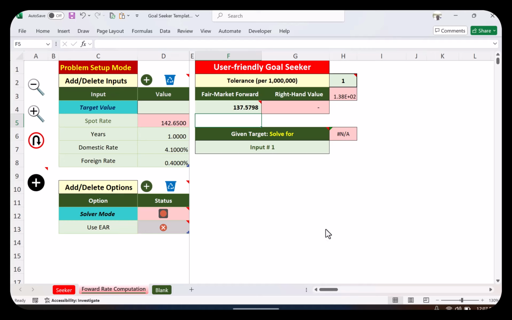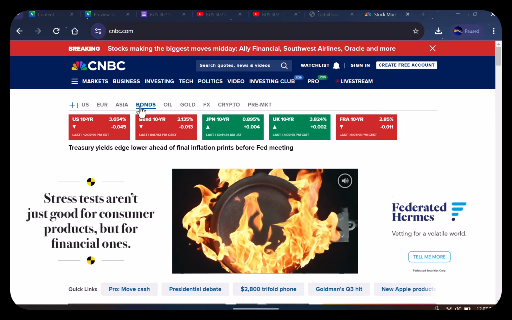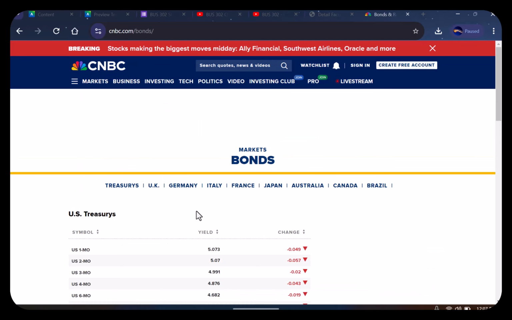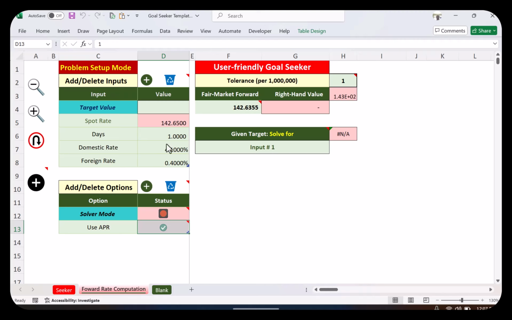If I want the 3-month forward rate, let's find the 3-month rates, bond markets, bonds. 3-month US is 499.1.